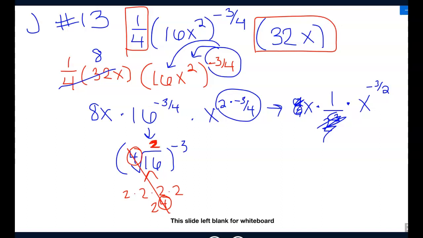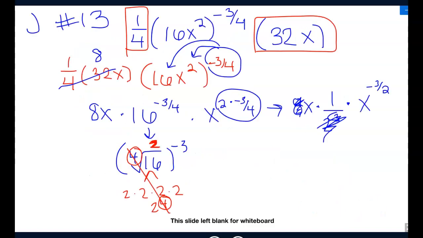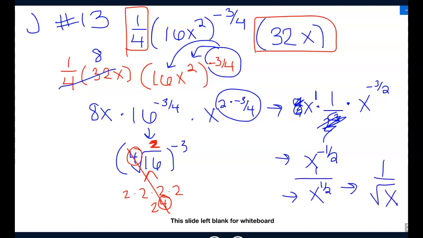So now, go back to those rules, right? Two x's being multiplied times each other means that we add the exponents. So 1 plus negative 3/2 becomes x to the negative 1/2, which becomes 1 over x to the 1/2, or 1 over the square root of x.